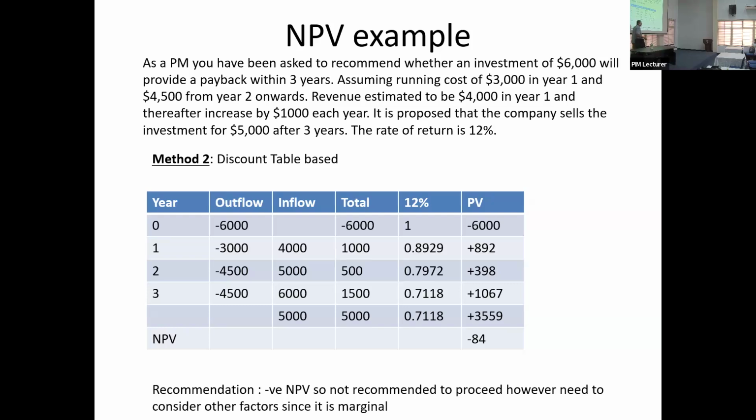In the exam, this value will be very close to 0. Why? Any small error you make will flip the number, so your recommendation will be wrong. And how do you get it wrong? If you take the discounted factor, some people out of laziness take only 2 figures.